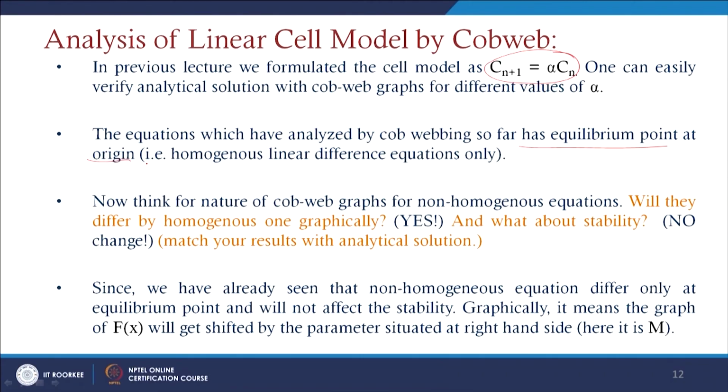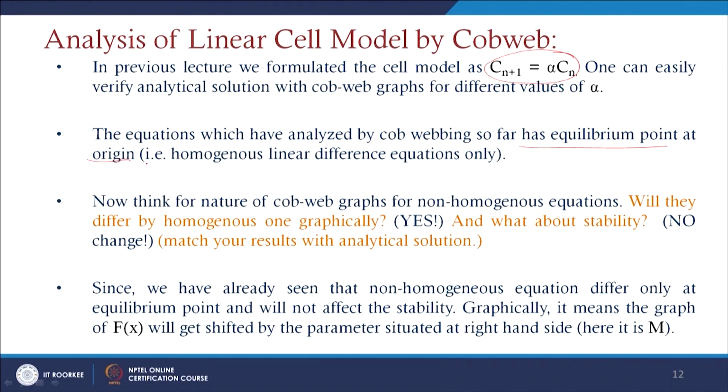Now, if you think about the nature of cobweb graphs for non-homogeneous equations, will they differ from the homogeneous ones graphically? Yes, definitely they will differ. And what about the stability, whether it will move towards stable conditions or not? You can find that there is no change. So if we go for matching the results with the analytical solution, we can verify that non-homogeneous equations differ in graphical appearance from the homogeneous models.